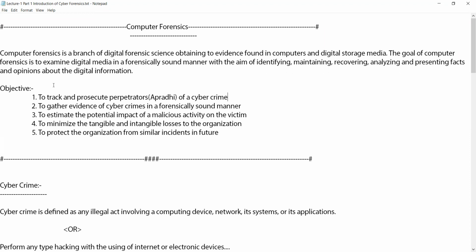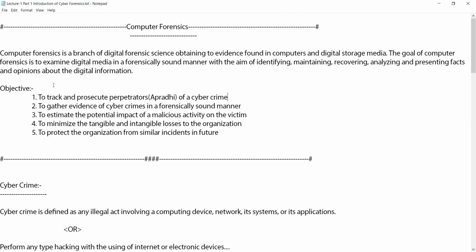The next objective is to protect the organization from similar incidents in future. If you are working as a forensic investigator and solving a case related to an administrative investigation in the organization, you need to provide some countermeasures, some protection methods, to that organization against similar incidents in future.